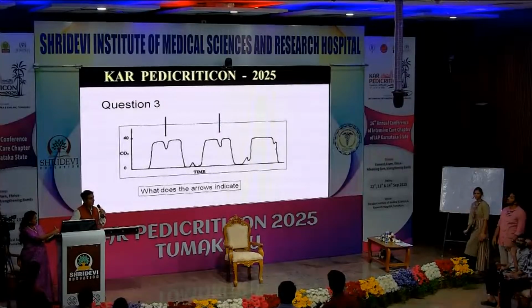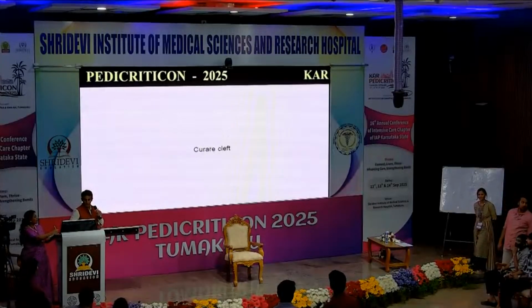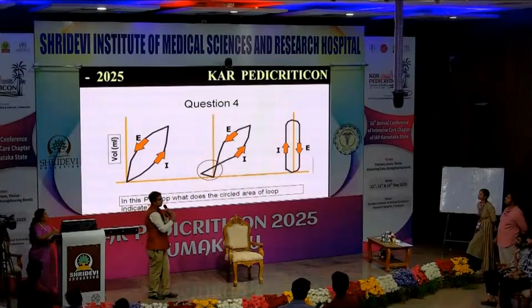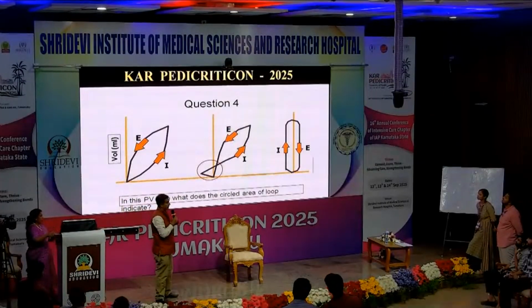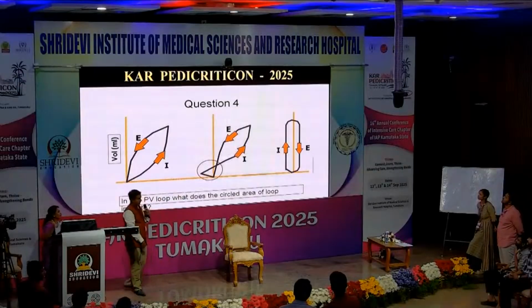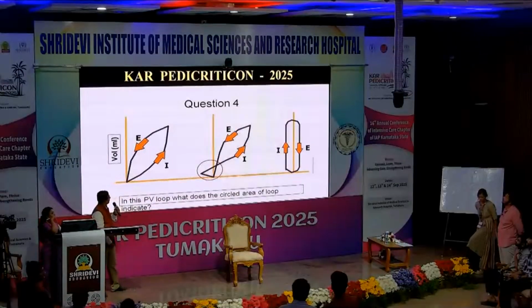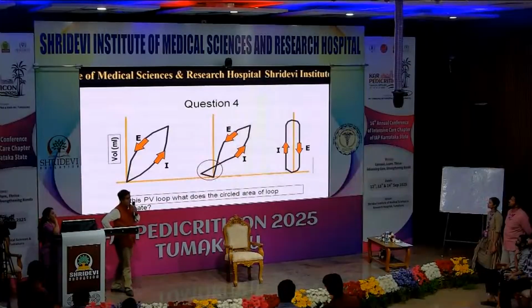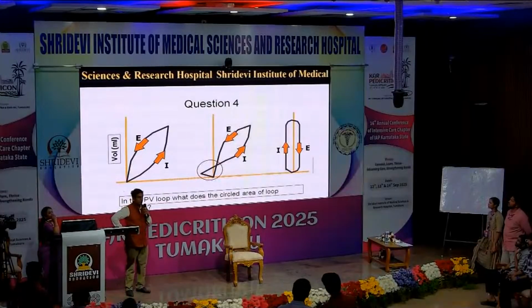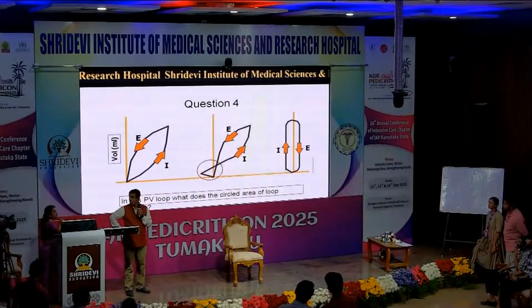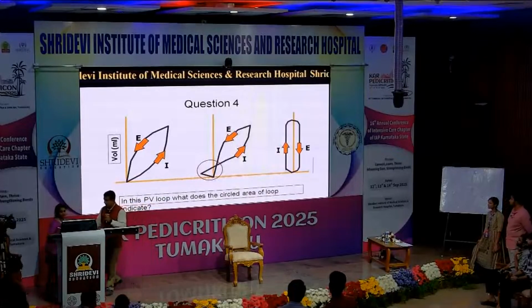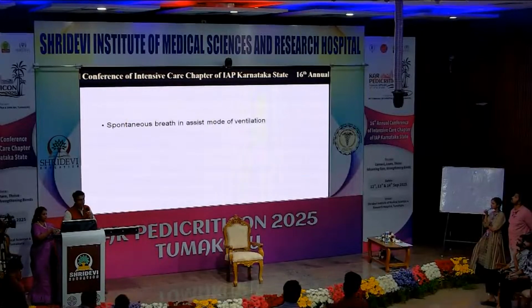Okay, team D ready? So this circled part on this PV loop, you should tell me what does that indicate? What does that circled area indicate? Okay, fine. It indicates spontaneous ventilation.